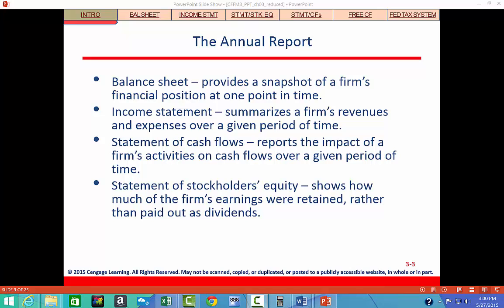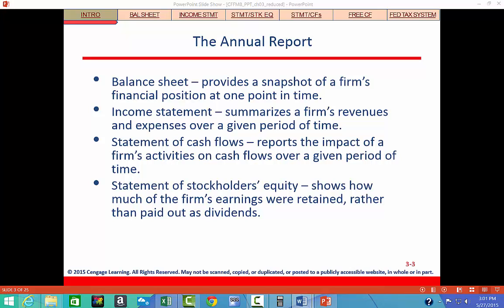For example, the cash account shown on the balance sheet would represent the cash the firm has on hand and in the bank on December 31st, 2014. The income statement, on the other hand, reports on the firm's operations over a period of time, for example, over the last 12 months. It reports revenues and expenses that the firm has incurred over that particular time period.